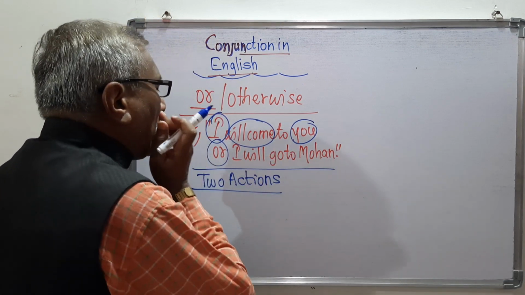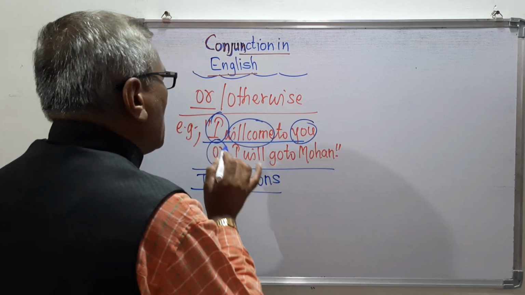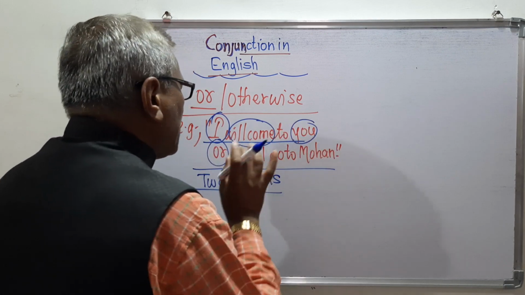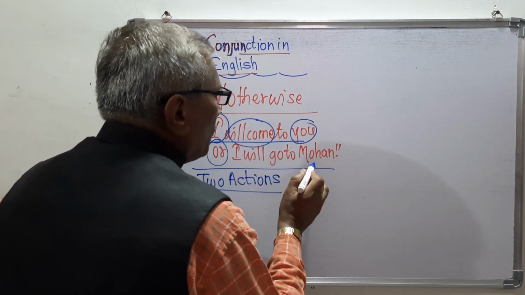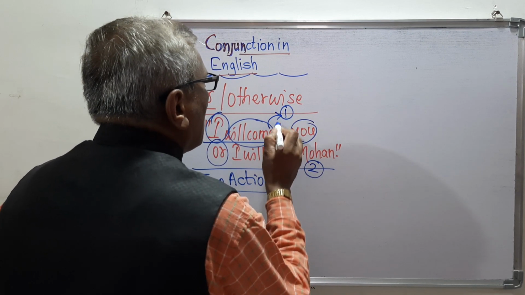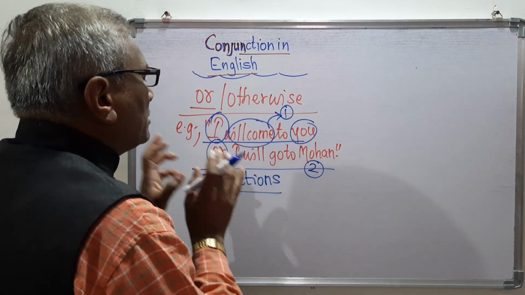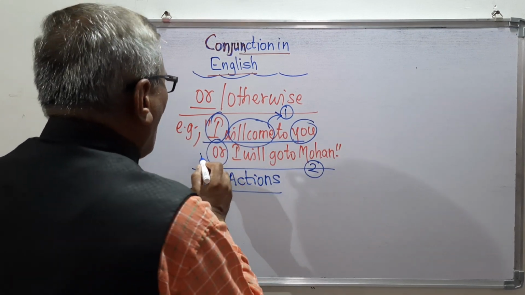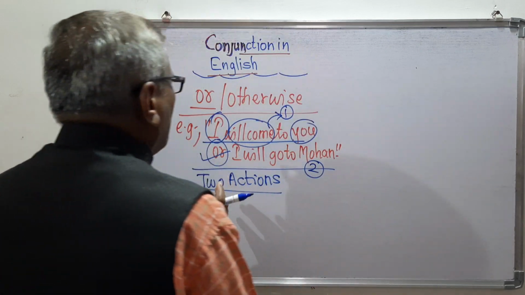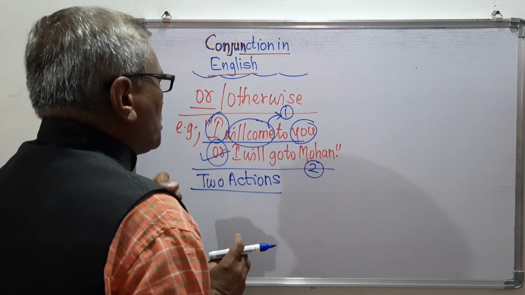So remember here, these two sentences are here. The first sentence is, I will go to you, and the second sentence is, I will go to Mohan. I will tell you that these two sentences are joined here by this or conjunction, and that is how this or conjunction joins the two sentences.